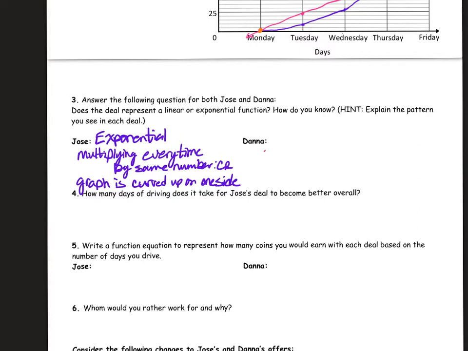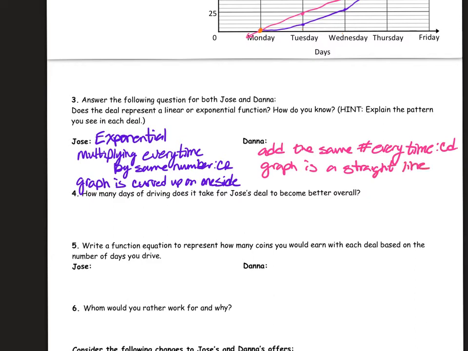Well, we know we're adding the same number every time, right? So that means we have a common difference. Great. And the graph is a straight line. So that means that Donna's is linear. Awesome. Good job, you guys.